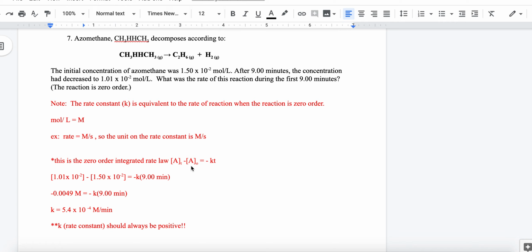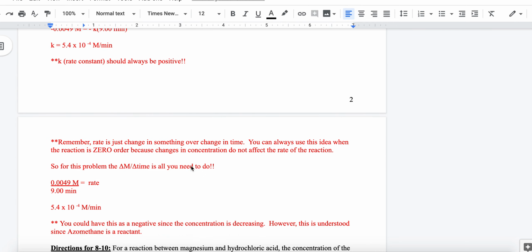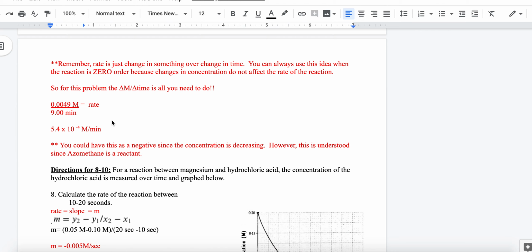The other thing that we need to remember is when a reaction is zero order, changes in concentration don't impact rate. So as long as we remember that rate is the change in concentration over the change in time, and since the rate is going to be constant because it's zero order, we're essentially just going back to a very simplistic change in concentration over change in time formula.